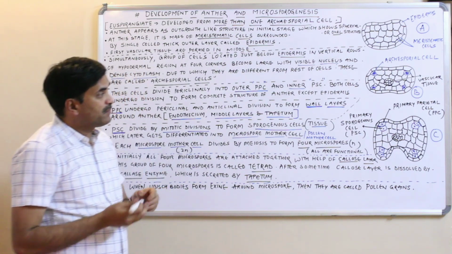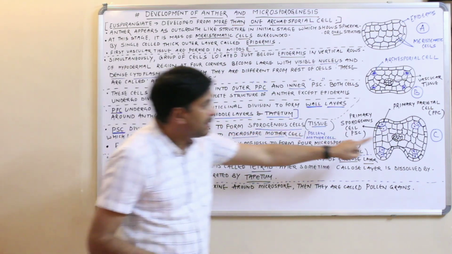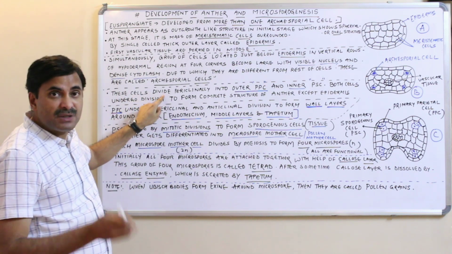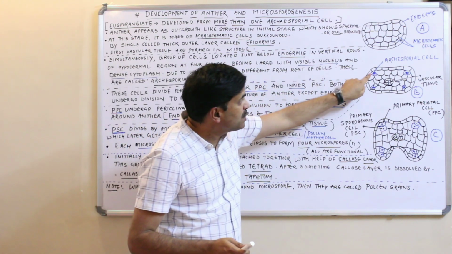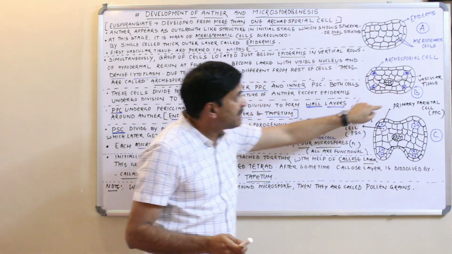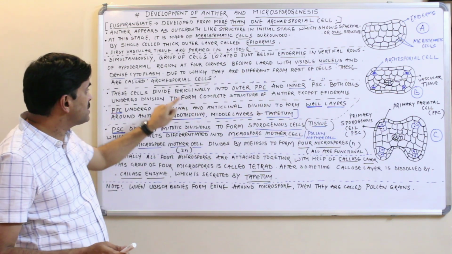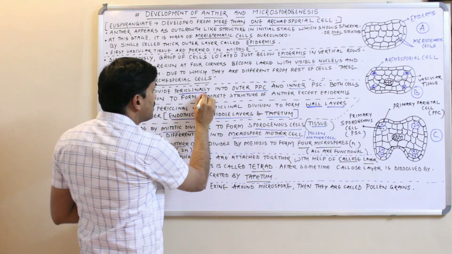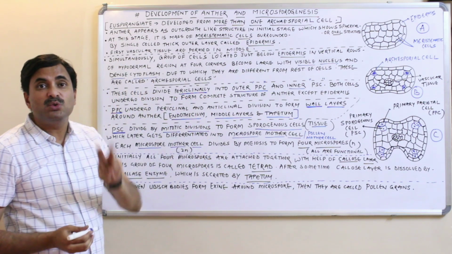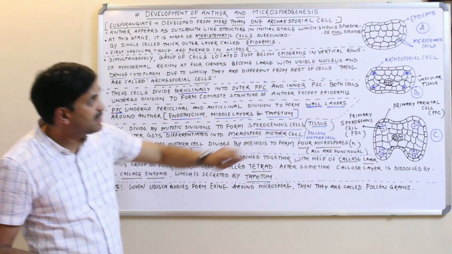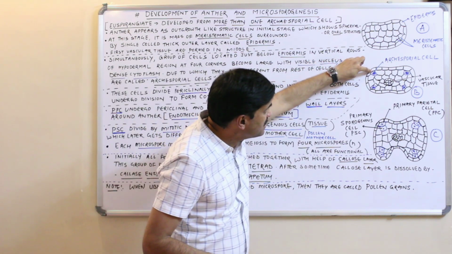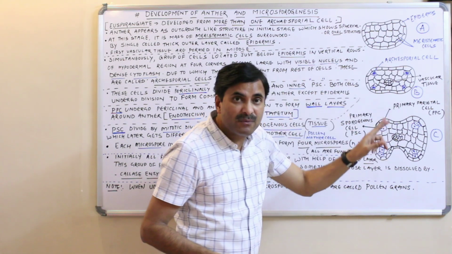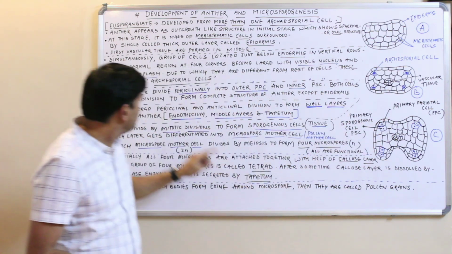Okay, now in the next diagram, diagram C, what happens? The archisporial cells present at the corners in the hypodermal region divide periclinally into two cells. This archisporial cell divides, this one also divides, all the archisporial cells divide.